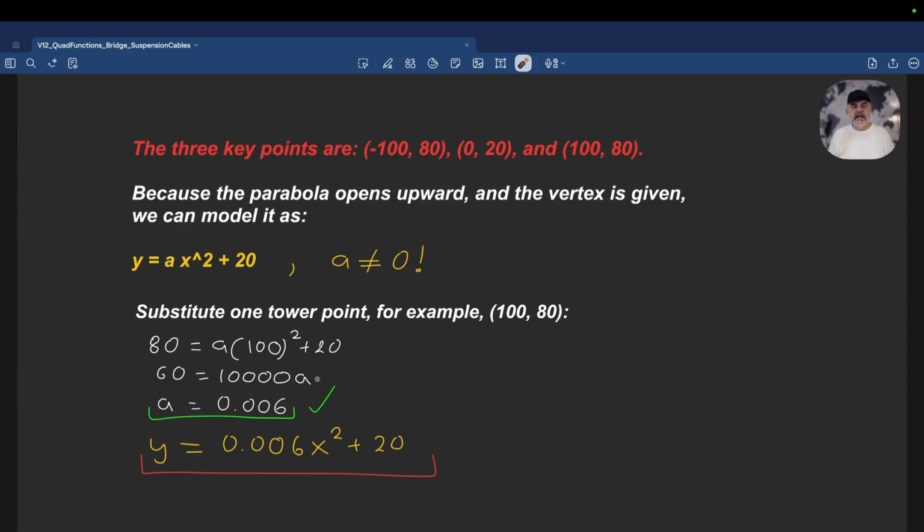right? Plus multiplication is important here, because it is a times 100 squared, and the constant 20, at the same time, you can shift over to the left side so that you get 60. Hopefully this makes sense now.